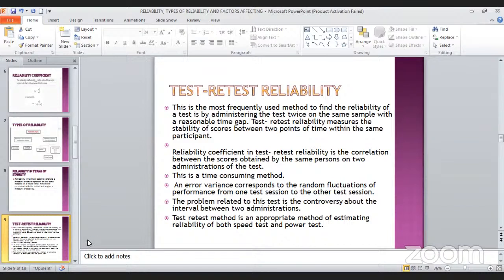Any other? Sir, it is showing the inconsistency in the responses. Correct. And especially in case of the clinical patient, the psychiatric patient, test-retest reliability is very vital. And you have to follow the test-retest reliability in case of the patient party also.